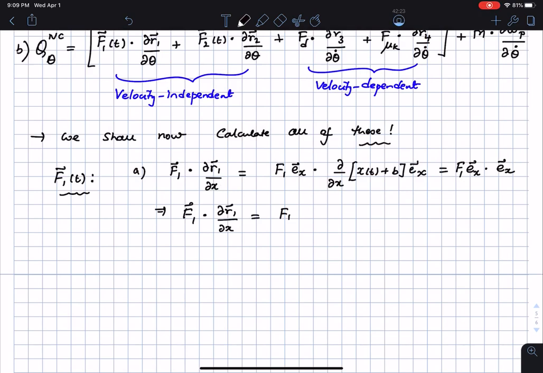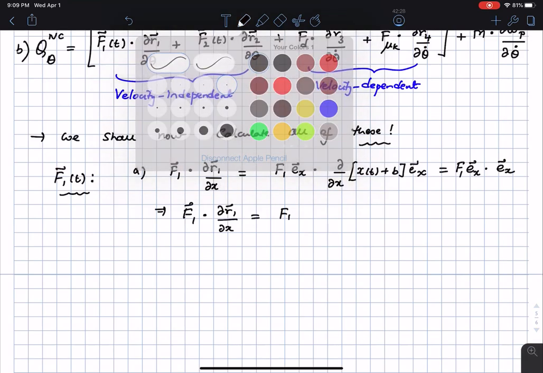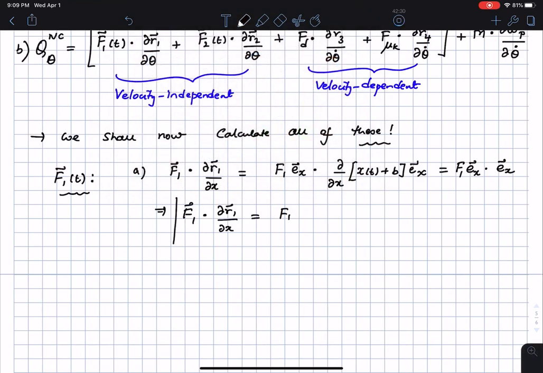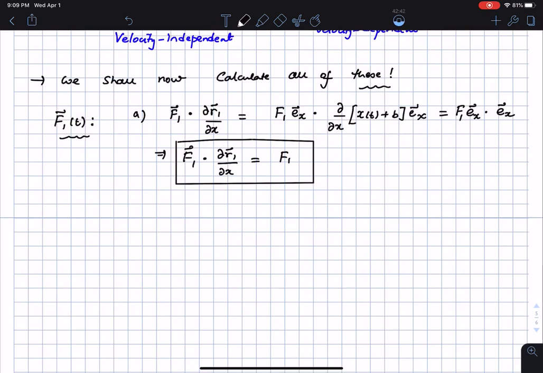Let me highlight that by putting a box around it. And you will immediately see that the next situation is going to be slightly easier. If I look at F1 dotted with dr1 by d theta, this is going to be F1 ex dotted with d by d theta of x of t plus b ex.